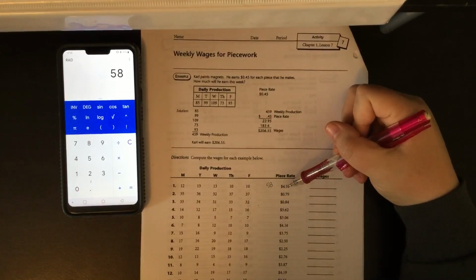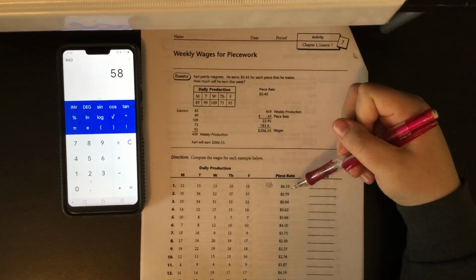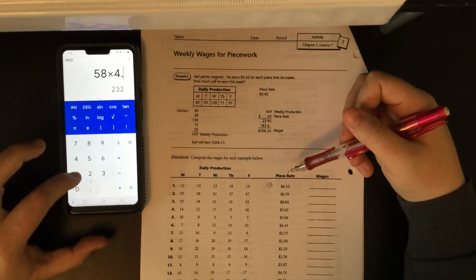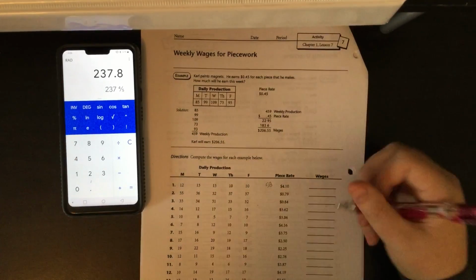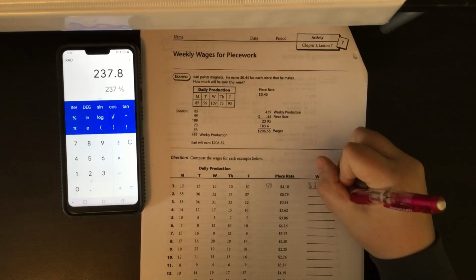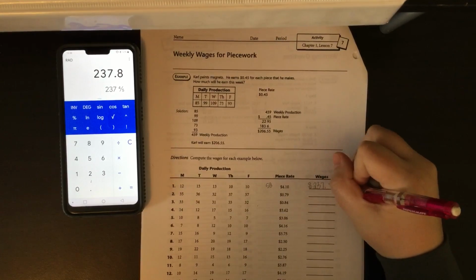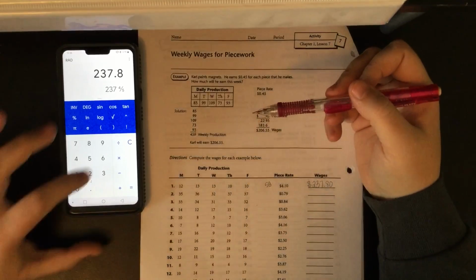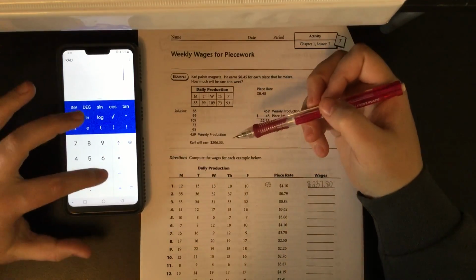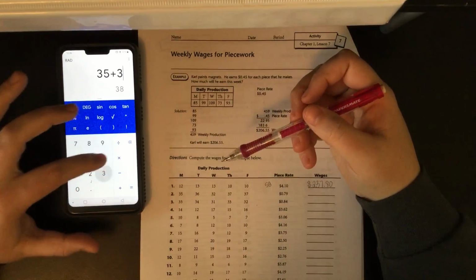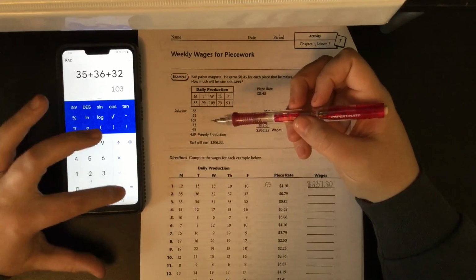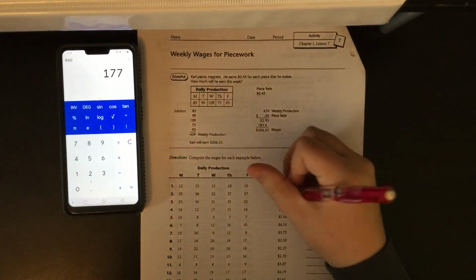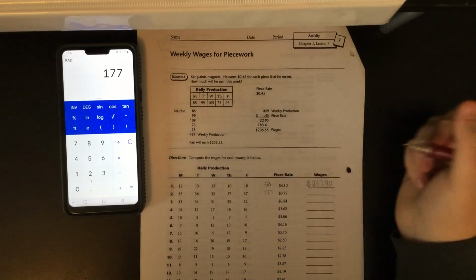If we're getting $4.10 for the piece, we want to multiply that. So 58 times 4.10, our wages would be $237.80. Okay, so add these up. For the second problem, we did 35 plus 36 plus 32 plus 37 plus 37. Okay, for number 2, we had 177 pieces.